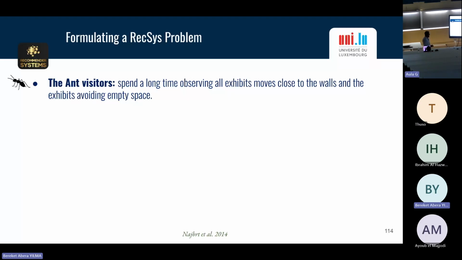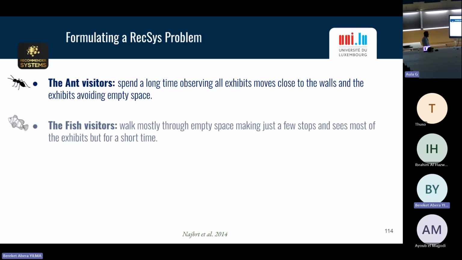They don't have really clear preferences. They move close to walls. And the fish visitor walks mostly through empty space. This is you, maybe. A few stops here and there, just to glance at something interesting, and if you don't like it, you carry on.